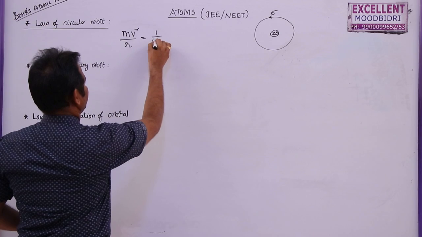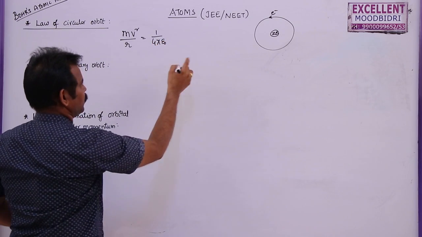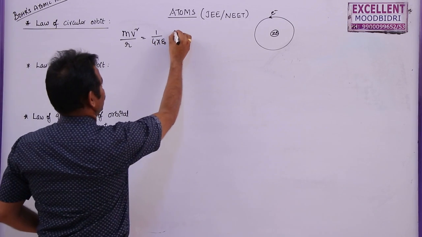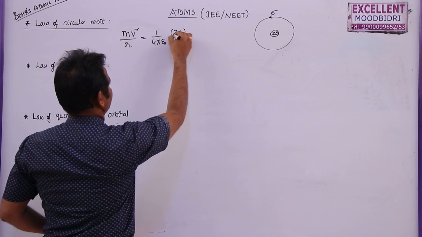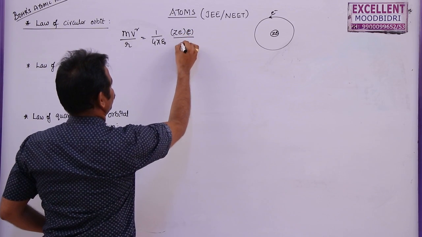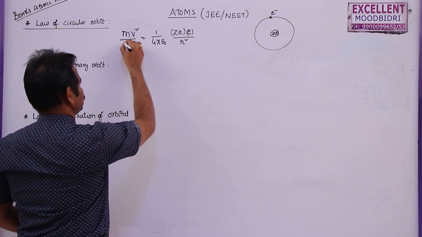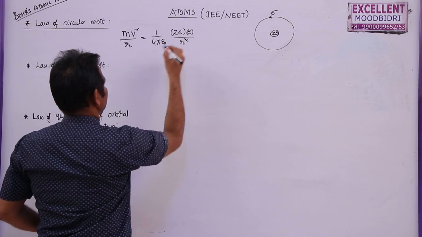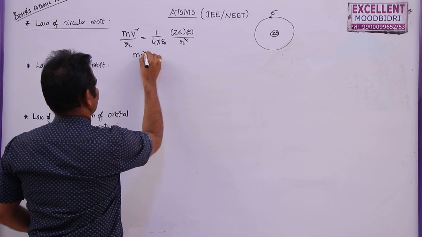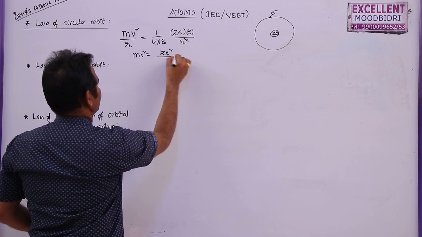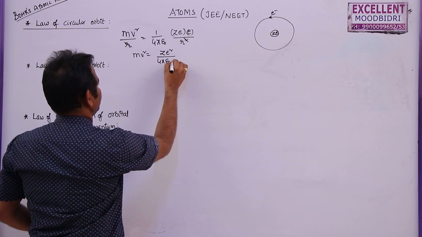This is provided by the force of attraction between the electron and the nucleus, that is 1 by 4 pi epsilon naught q1 into q2 by r square. So r and r get cancelled. So mv square is equal to Ze square by 4 pi epsilon naught r.